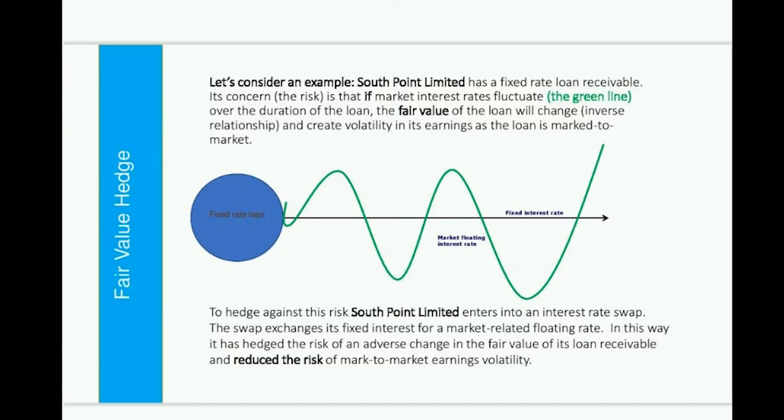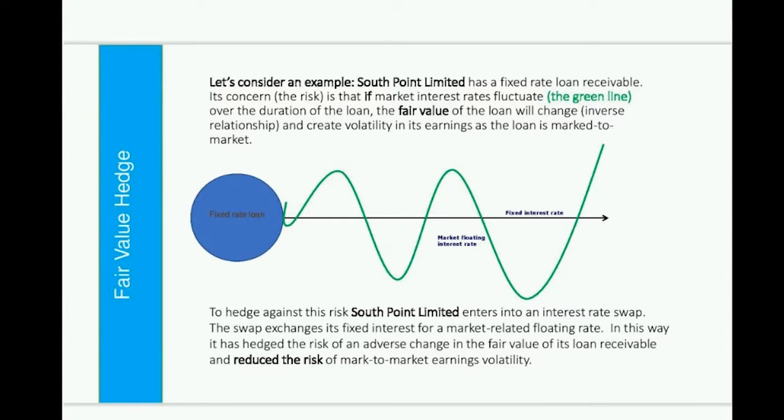So let's kick off then with a fair value hedge. In our example, we've got a company, South Point Limited, which has a fixed rate loan receivable. Its concern, or what we would term the risk, is that if market interest rates fluctuate, which is represented by that green line on the slide, over the duration of the loan, the fair value of the loan will be affected.